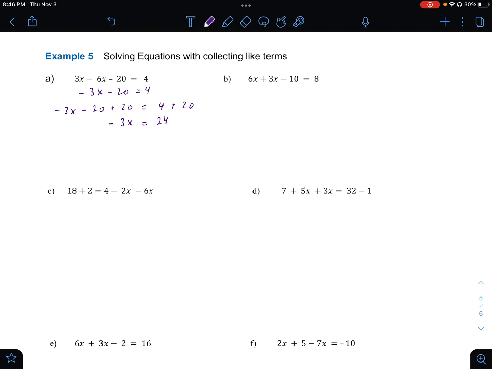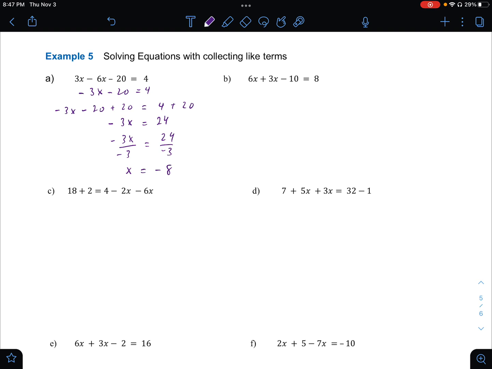And now what we want to do is divide by negative 3 on both sides. So dividing by negative 3 on both sides gives us negative 8. Okay, so 24 divided by negative 3 is negative 8.